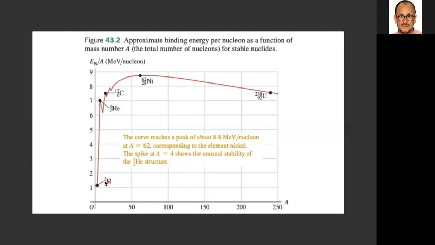This here is deuterium, because it's hydrogen with two nucleons, one proton and one neutron, and over here is uranium 238. The particular shape of this curve of the binding energy has a minimum here and also comes back here like that.